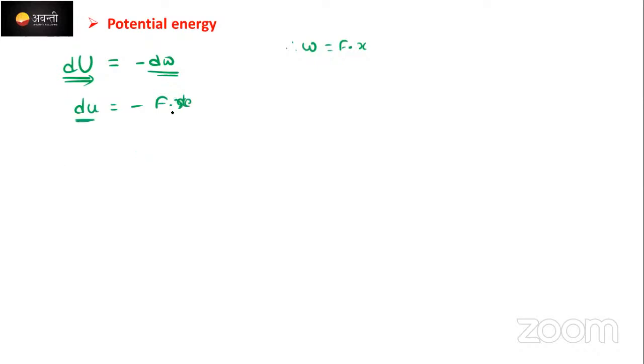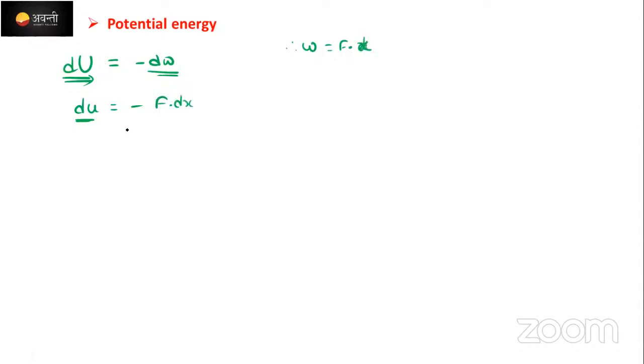This is dx. Correct now? Yes, of course, no problem. F into dx. This is F into dx, a small displacement.